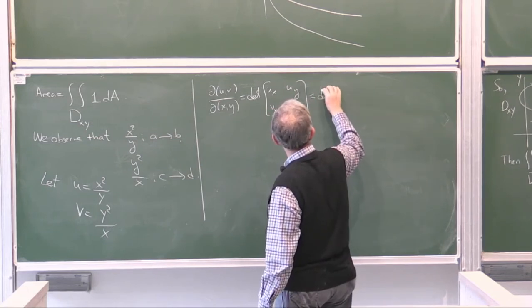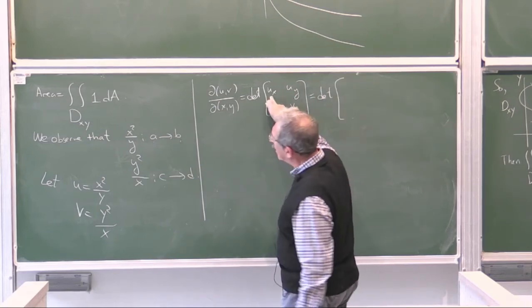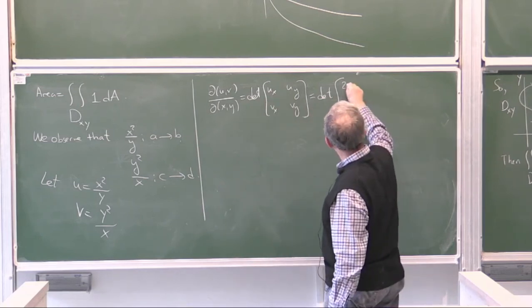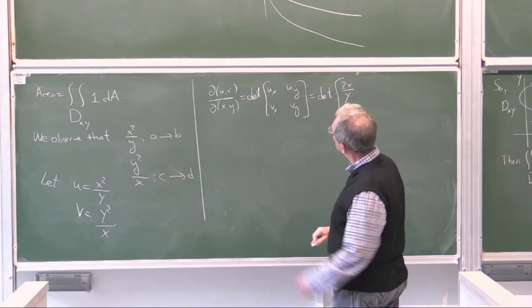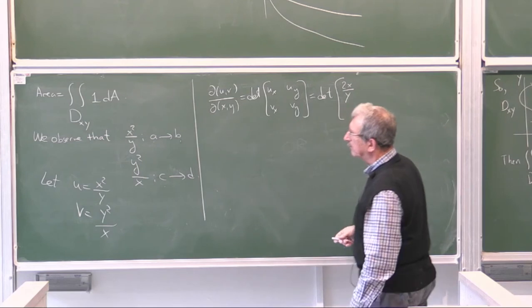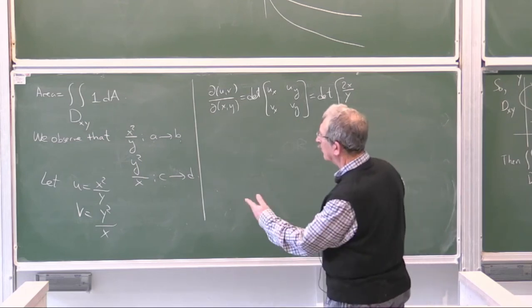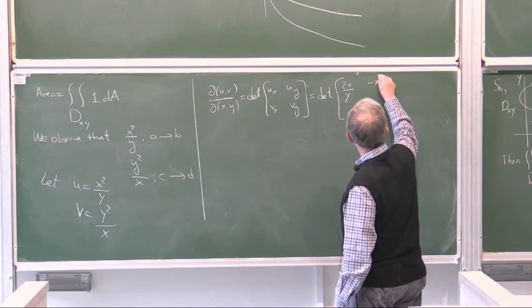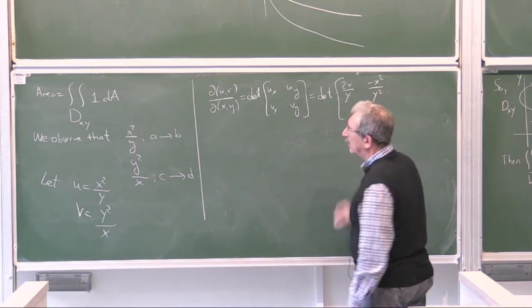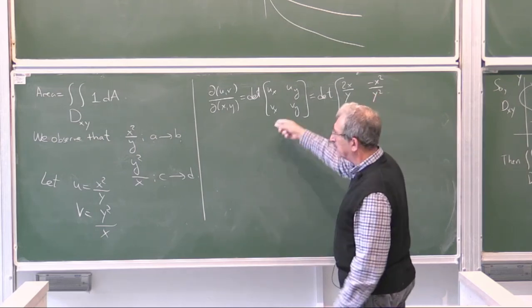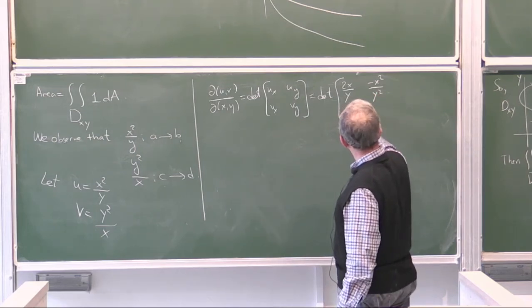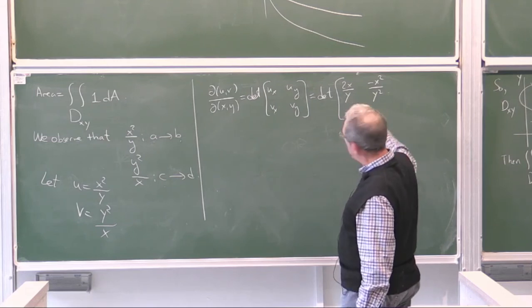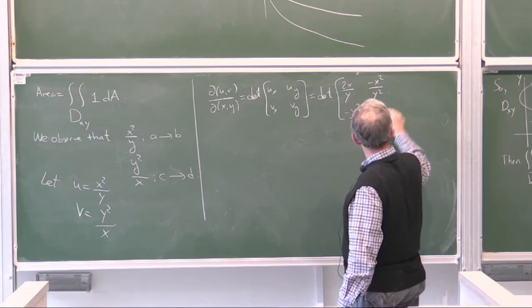This is the determinant of u_x, u_y, v_x, v_y. Now u sub x is 2x over y, okay, u sub y would be minus x squared over y squared, and the derivatives of v with respect to x would be minus y squared over x squared, and 2y over x.